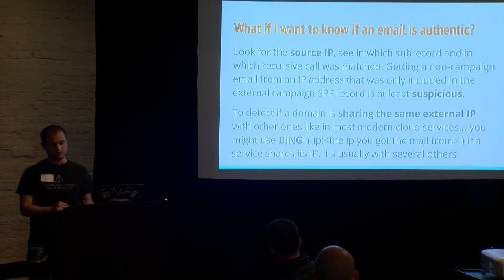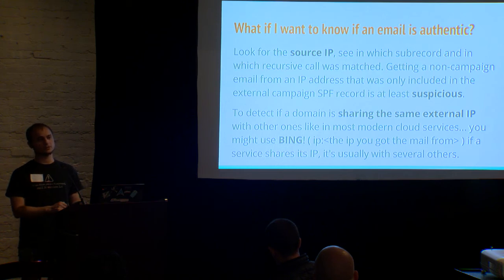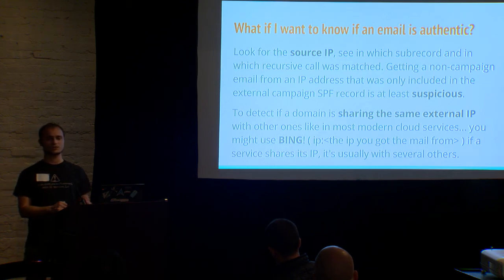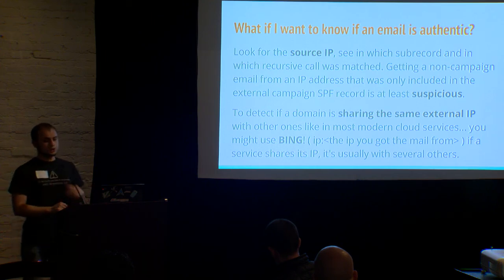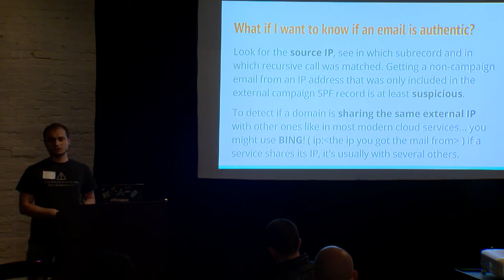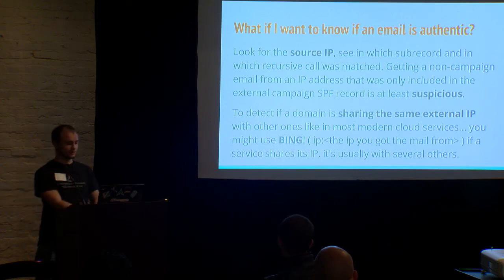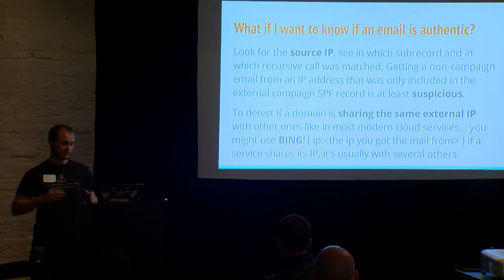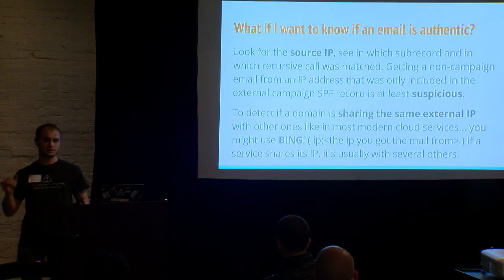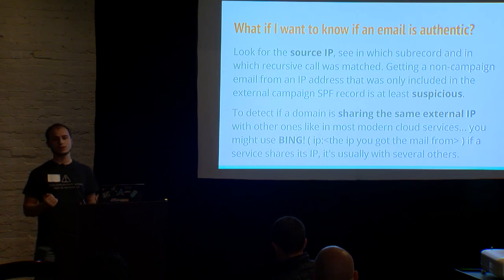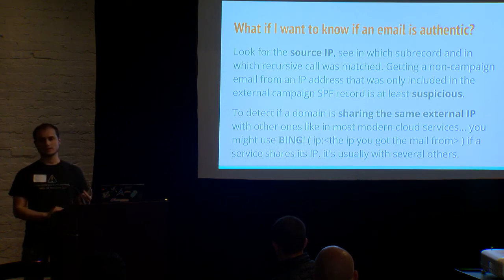And if you cannot do that because the email you got comes from the IP you expect it to come from, there is a simple way to check if a service is sharing its IP address with several others, which is to use Bing. You resolve the domain, get the IP address from that domain, and search Bing with ip: followed by the IP you just got. If in the result you have several domains, it's very likely it's using a cloud-based sharing service.